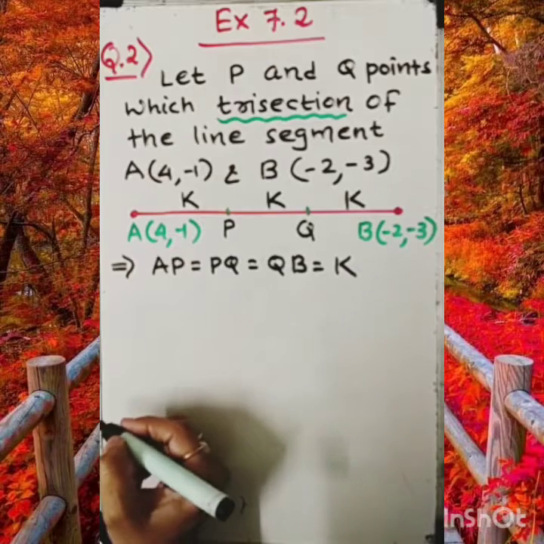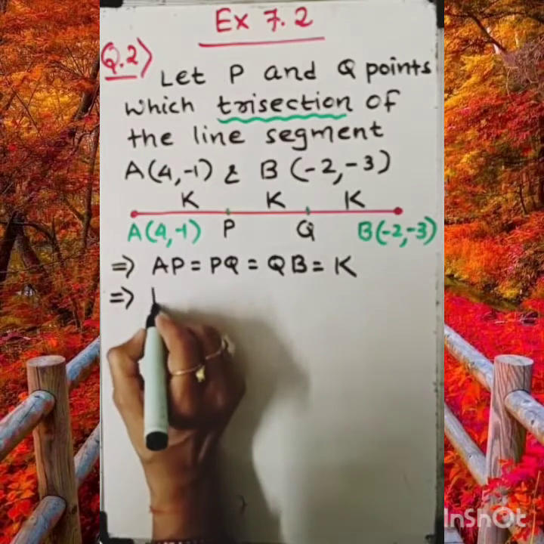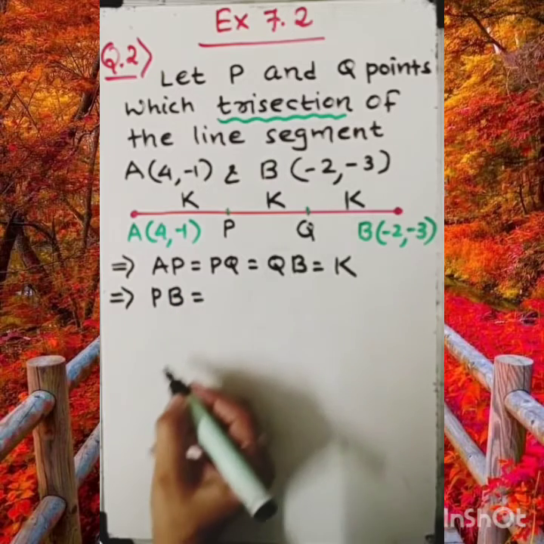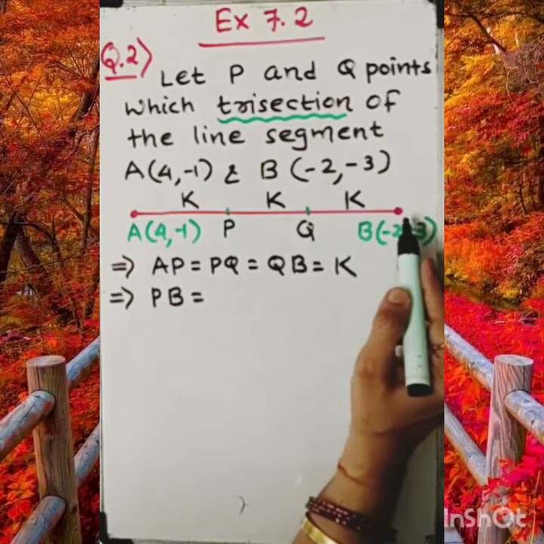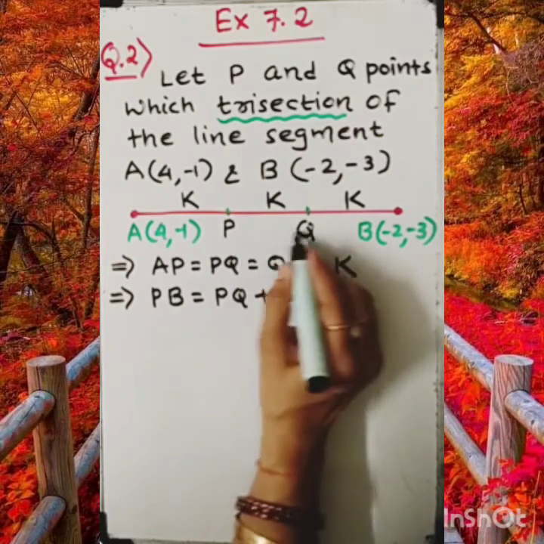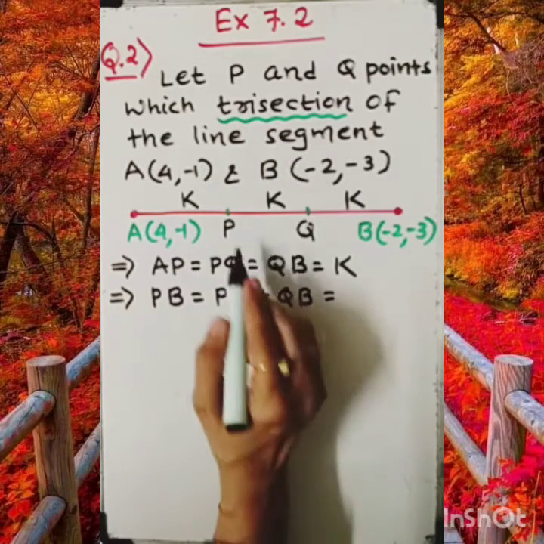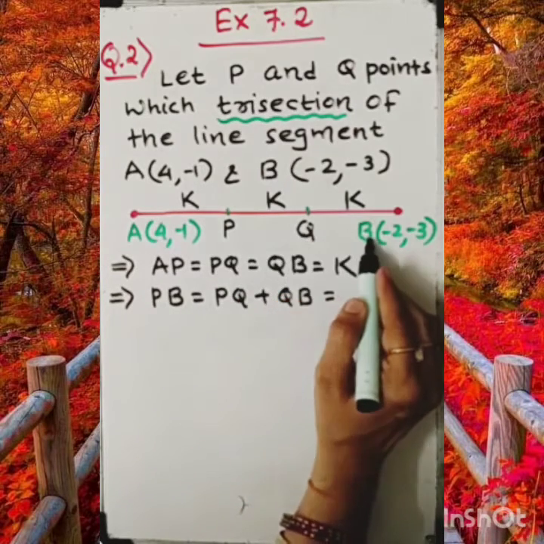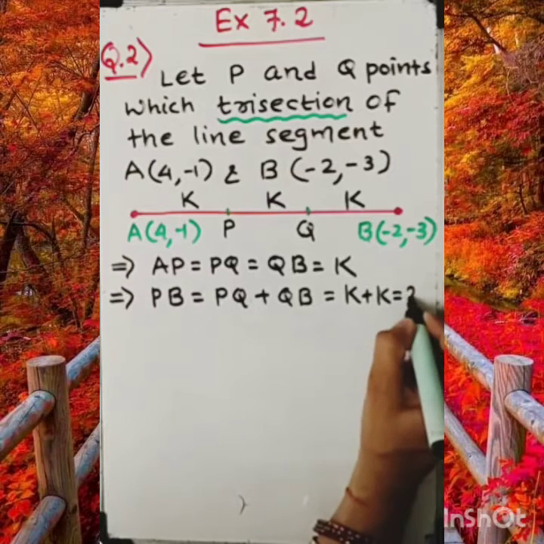Clear? Now one more important result. If I ask you to find the value of PB, from the first point to the last point, can I write it as PQ plus QB? Full PB is the sum of PQ plus QB, that is K plus K, that is 2K.